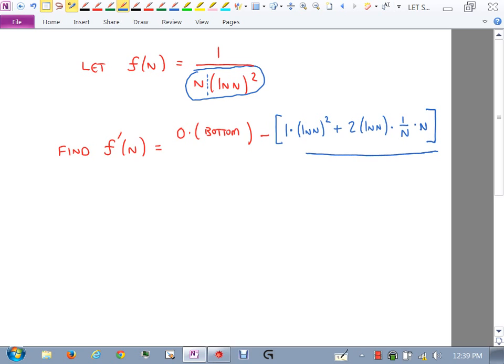All of this over what? The bottom squared, right? That's your quotient rule. All of that squared.